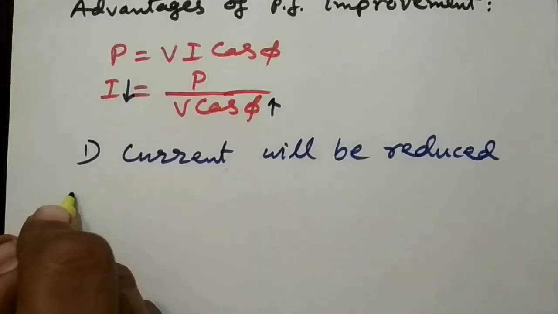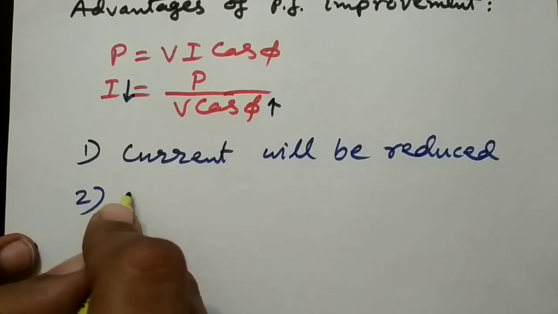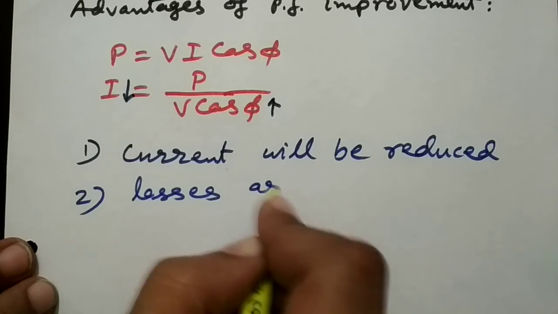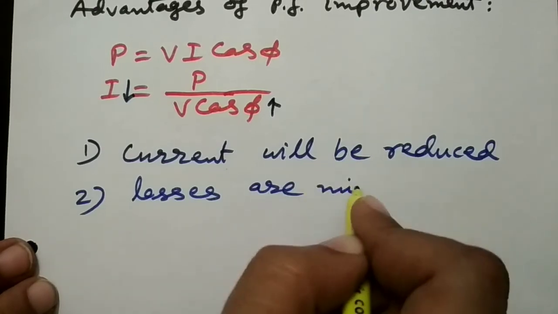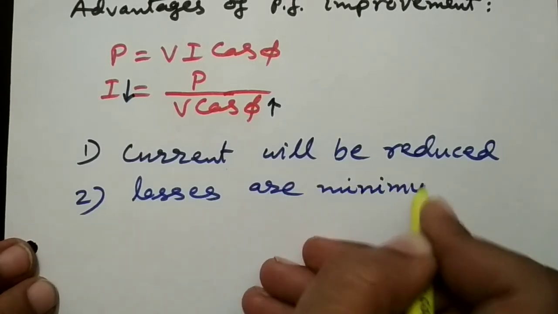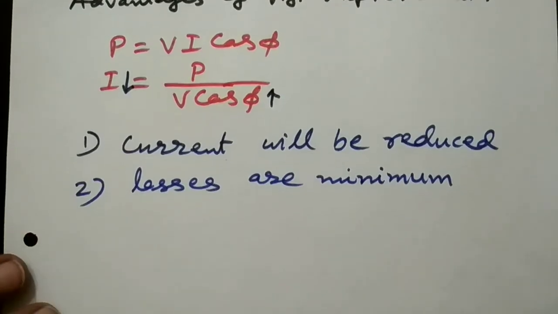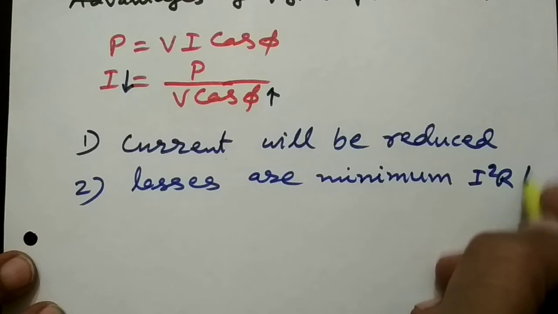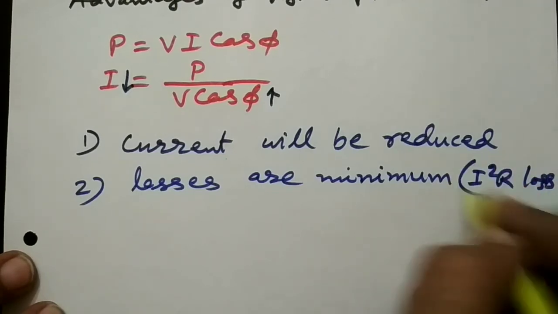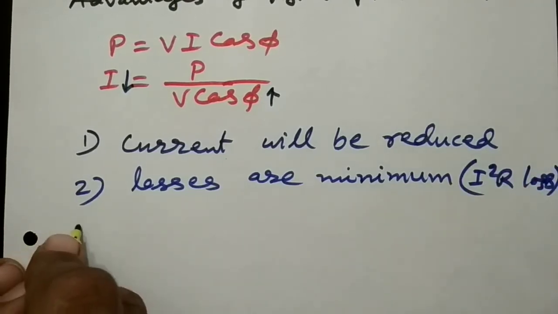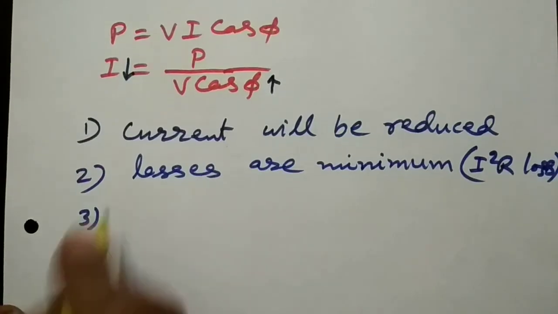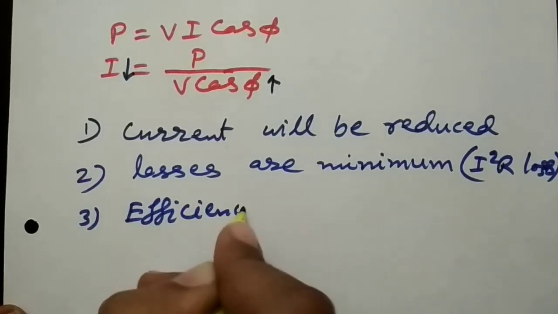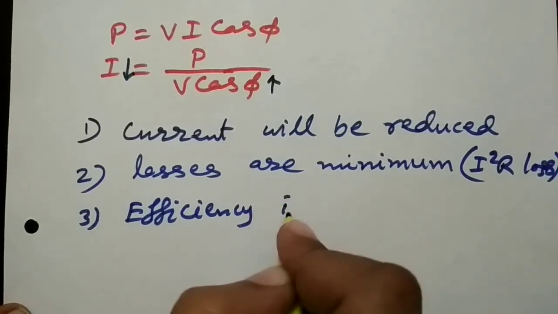As a result, the losses are minimum, because if the current is low, then the I square R loss will be low, and hence the efficiency will be more.